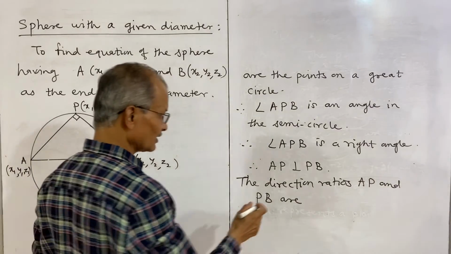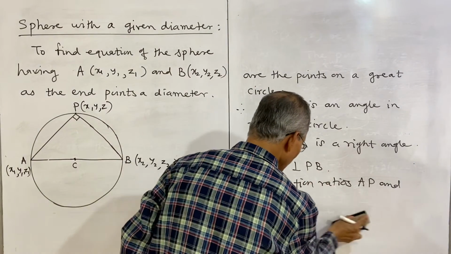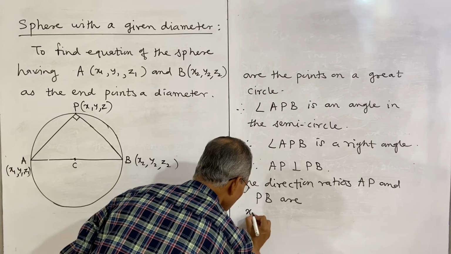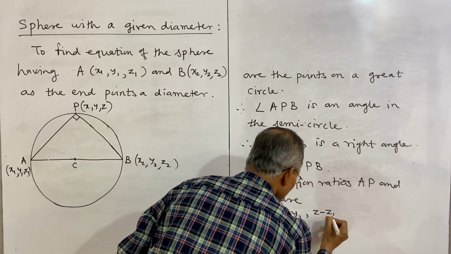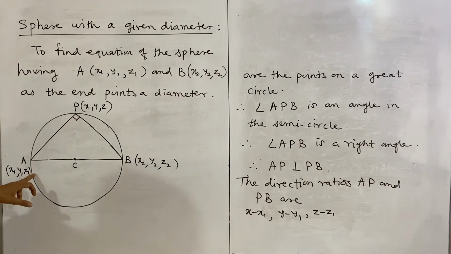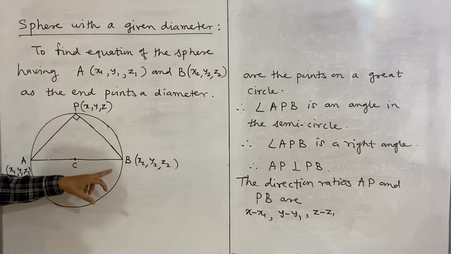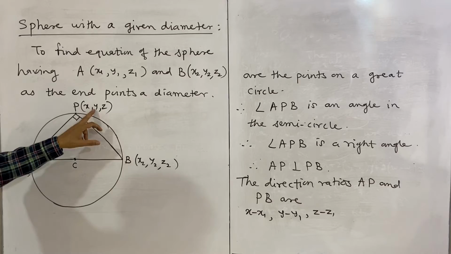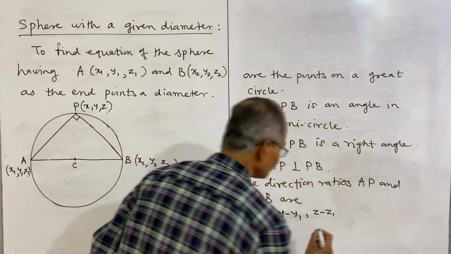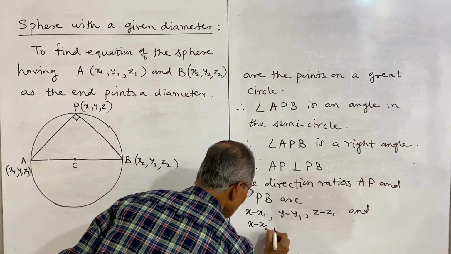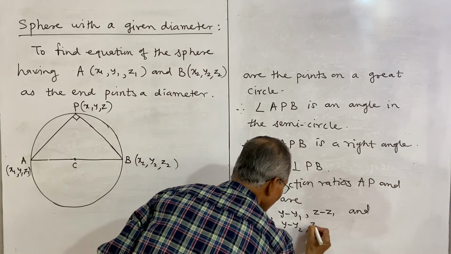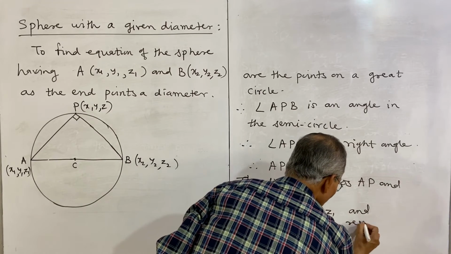So the direction ratios of AP are x minus x1, y minus y1, z minus z1, the differences of these coordinates. And the direction ratios of PB are x minus x2, y minus y2, z minus z2 respectively.